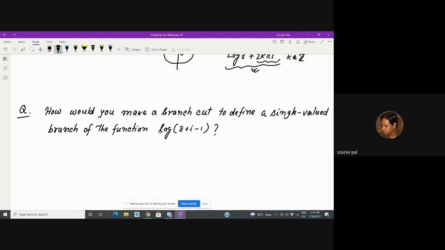So you see, this is a composition of two functions. If you call f(z) to be z plus i minus 1, then this is a composition of the logarithm and the function f. Nevertheless, you just think about it. The algorithm is the same. Whatever I have shown you until now is about log z, where f(z) is equal to z.